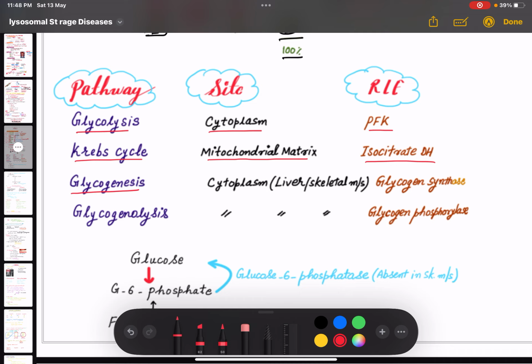Glycogen is a storage form of glucose in the liver or in muscles. The site is the cytoplasm, mainly in the liver and skeletal muscles, and the enzyme is glycogen synthase, very simple enzyme. Glycogenolysis is the breakdown of glycogen, and it also occurs in the cytoplasm, mainly in liver and skeletal muscles. The rate limiting enzyme is glycogen phosphorylase.